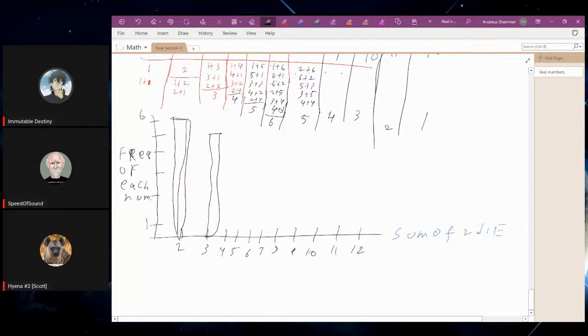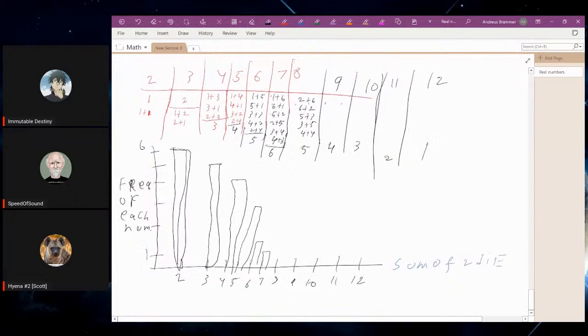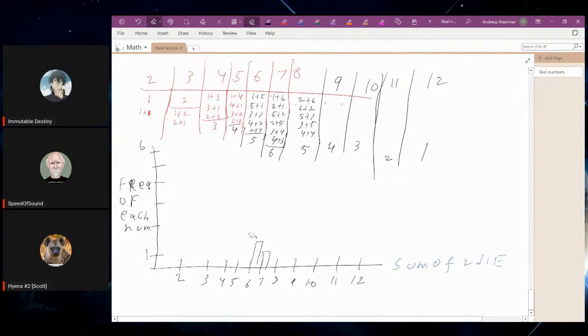There's 4 on the next one. 3 on this one. 2 on this one. 1 on this one. But the idea is that if you were to plot this correctly, what you would actually, I'm sorry, I drew this incorrectly. That was a stupid mistake.